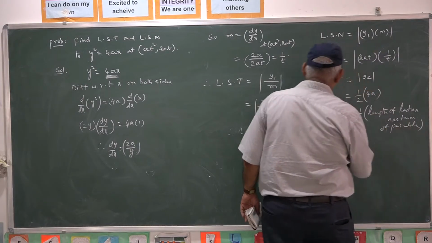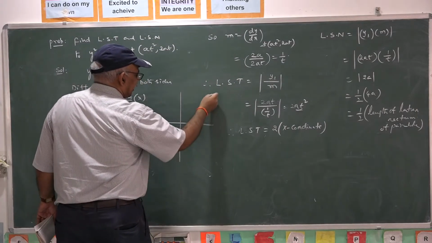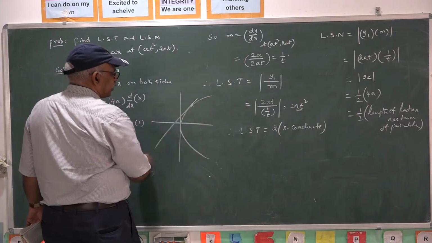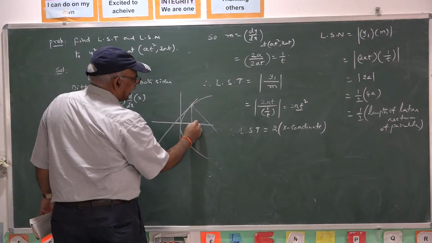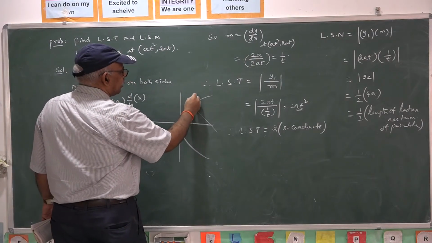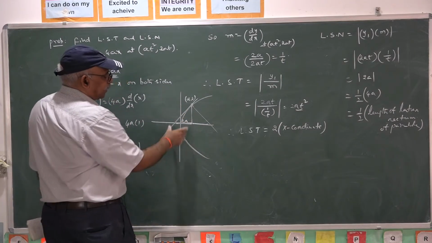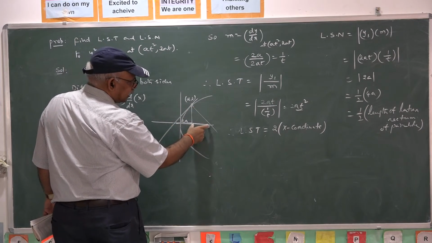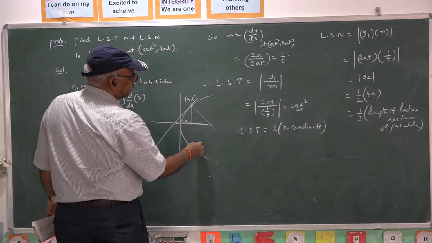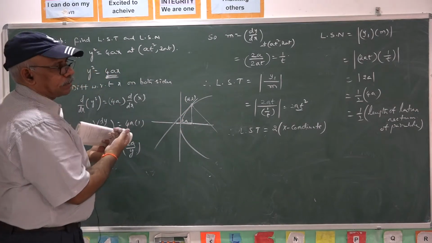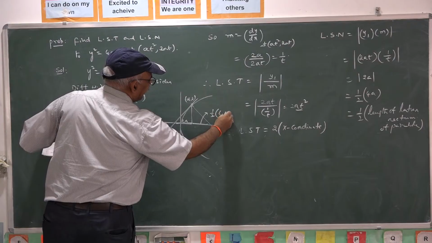So, you can observe these 2 points. At any point on the parabola, once you draw the tangent and normal, and consider the subtangent, this length and this length, suppose this is a comma b, this is 2a, the length of the subnormal is 2a, and this is half that of the length of latus rectum of the parabola.